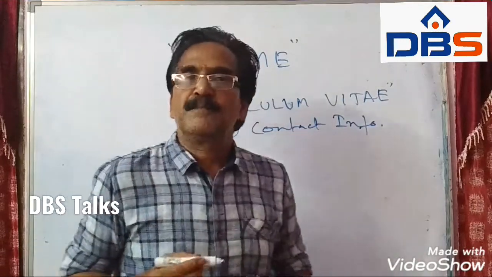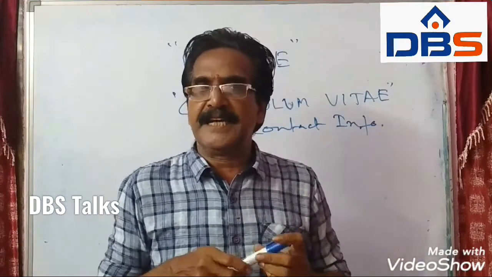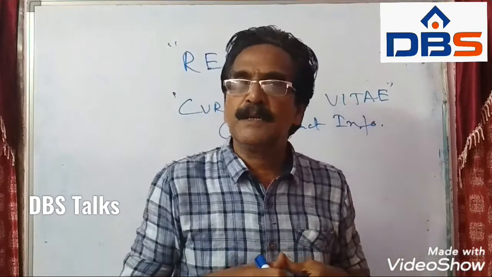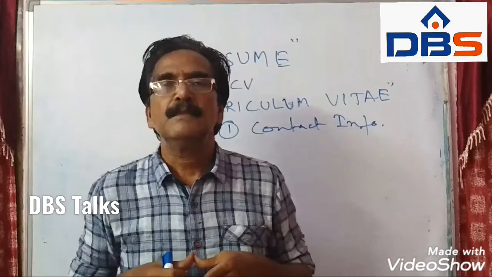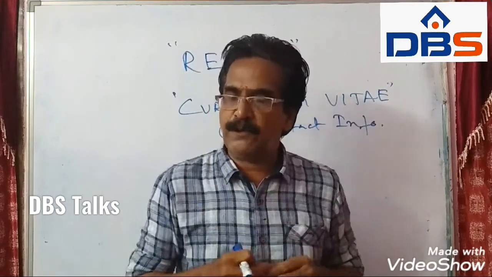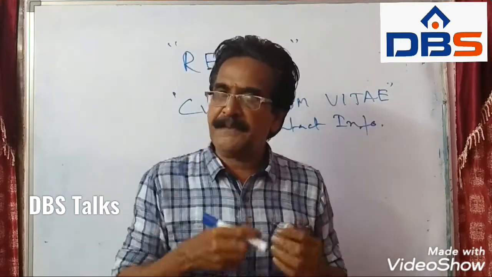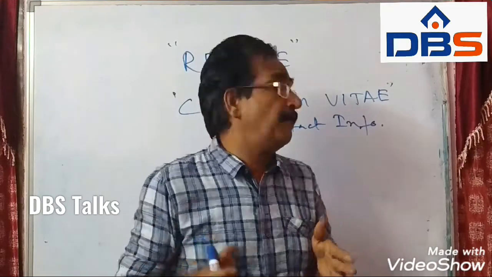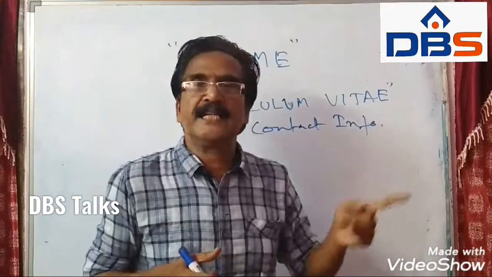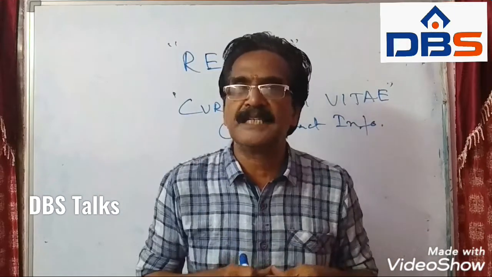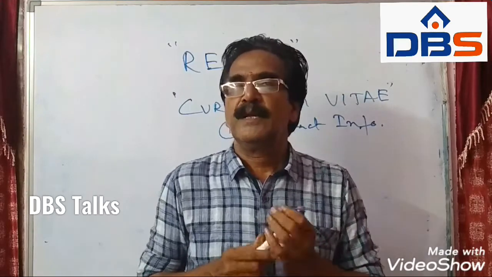Contact information contains your full name in bold letters, your address, your telephone number, and your email address. So these things form contact information. This must be the first thing you present in your resume.